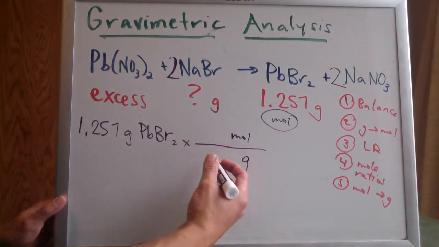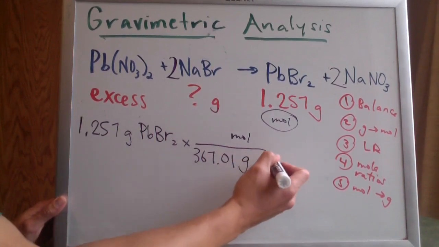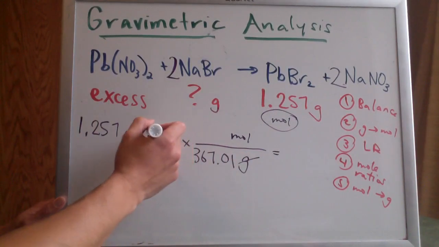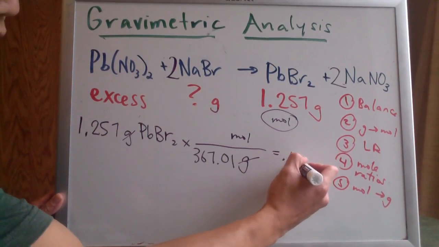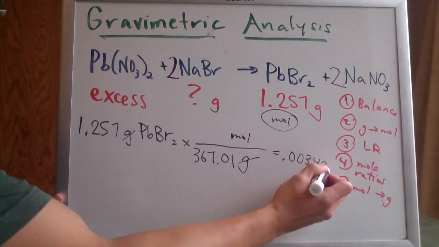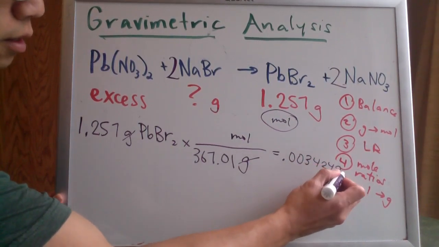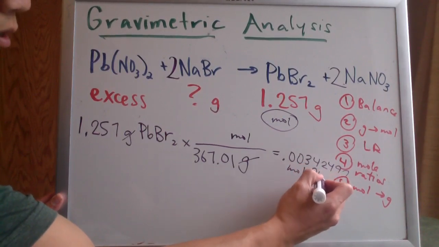So we're going to put that on the bottom, 367.01. And then we'll cancel those out, and we end up with 0.00342497 moles of PbBr2.